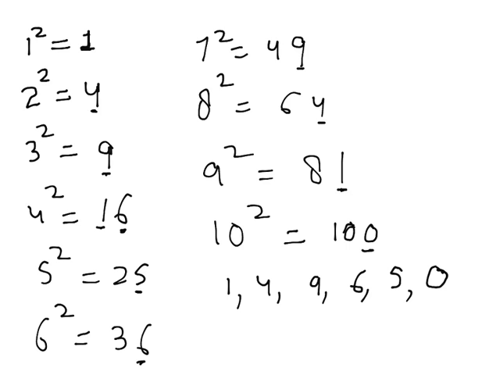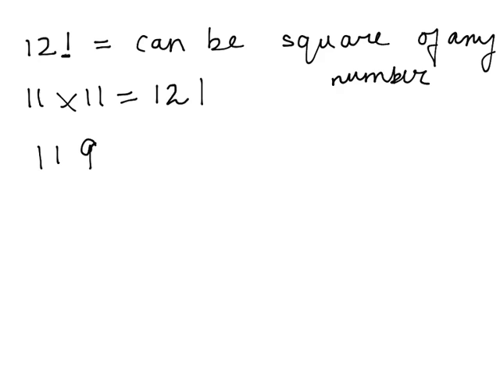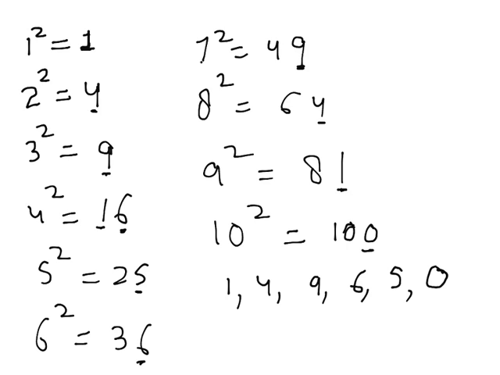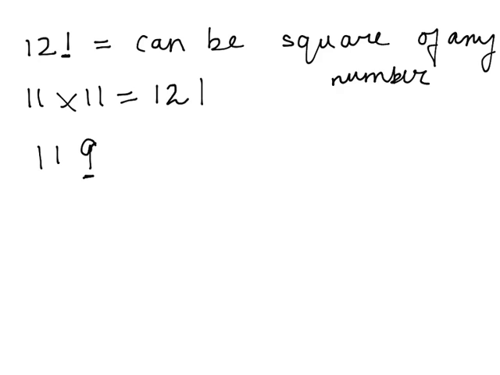Similarly, in 7 squared, in 49, we also have 9 at the unit place. But 190 does not have 9 at the unit place, and it is not the square of any number. So we cannot be 100% sure that a number with a unit digit like 1, 4, 9, 6, 5, 0 must be the square of a number, but there is a possibility.